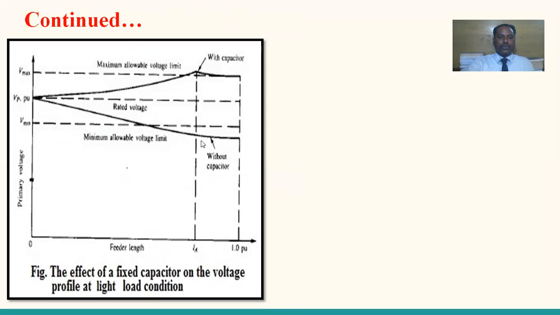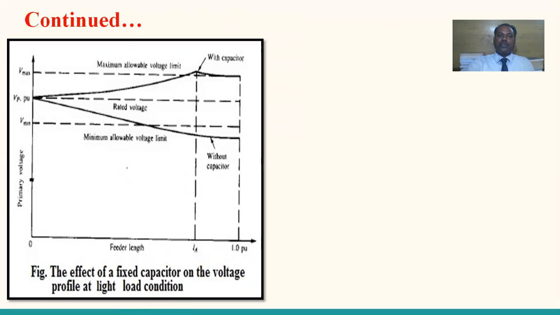As usual, maximum allowable voltage limit, minimum allowable voltage limit, and rated voltage. This is also primary voltage versus feeder length, but it shows the effect of fixed capacitor on voltage profile at light load condition. So the capacitor is permanently connected into the line, and the load is light.